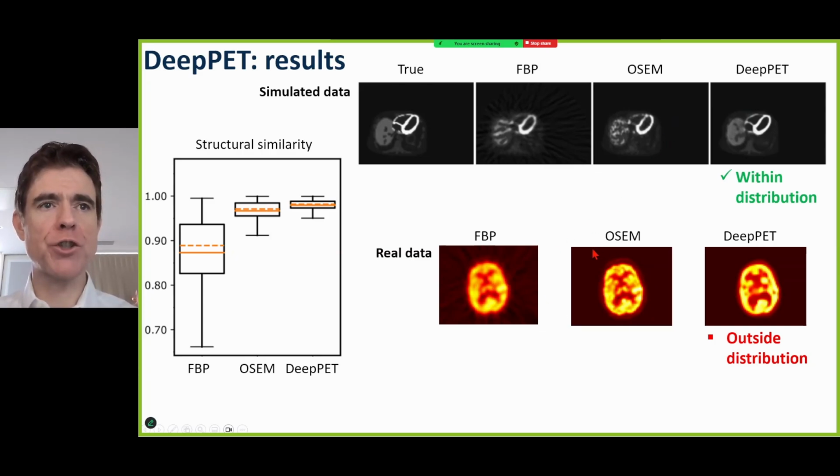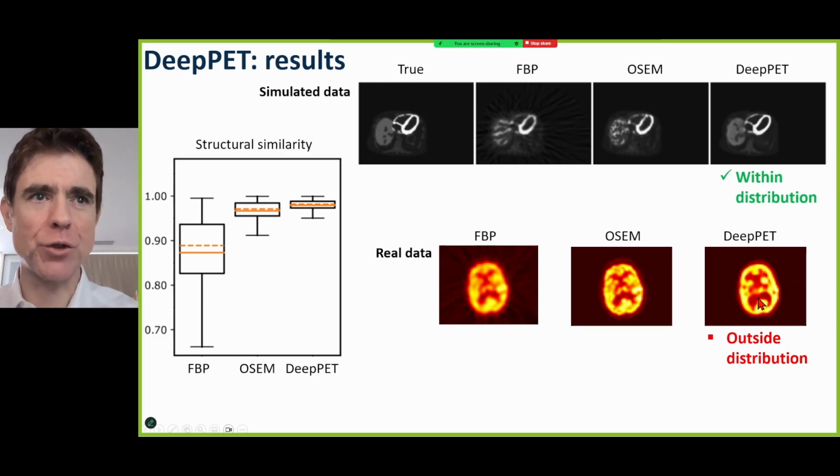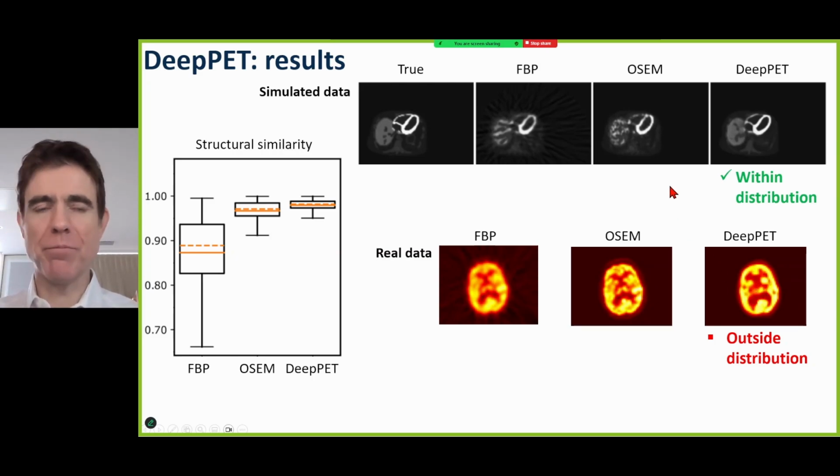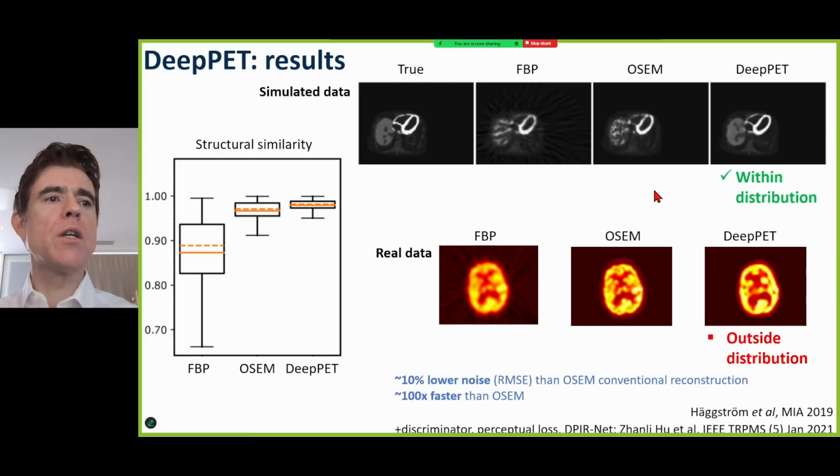There's the filtered back projection, OSEM, and then if they used this network trained on simulated data, I'm sure you'd agree, their outside distribution case is not particularly convincing. I'm not even sure I can see a very good caudate putamen in the middle of that brain. So they get improvements in image quality generally, and again, massive acceleration compared to OSEM.